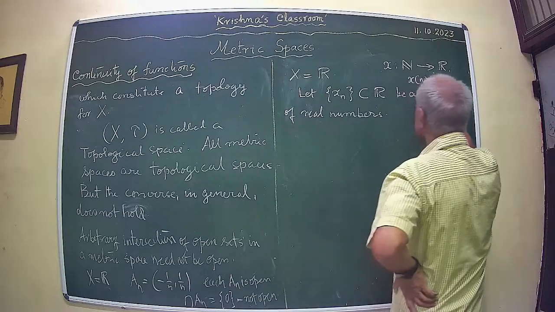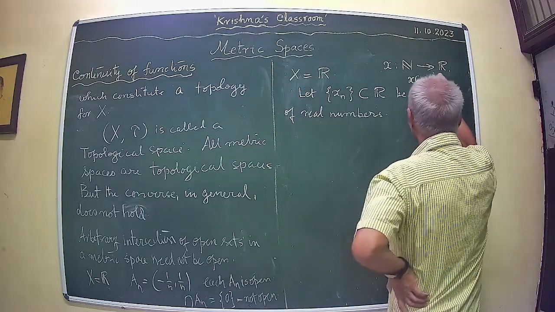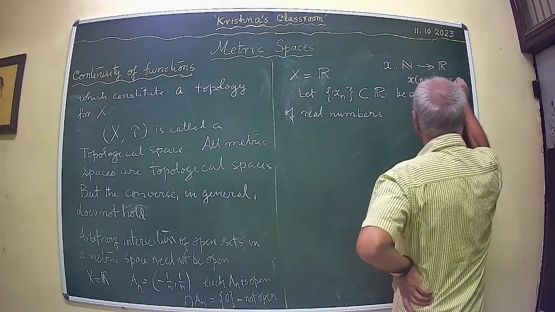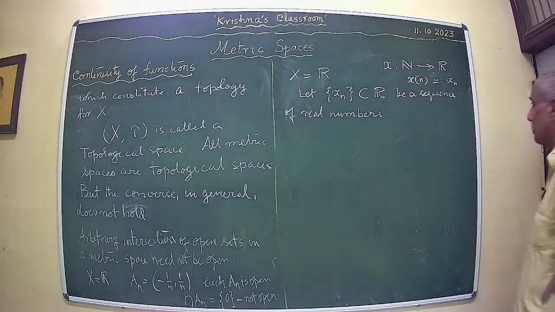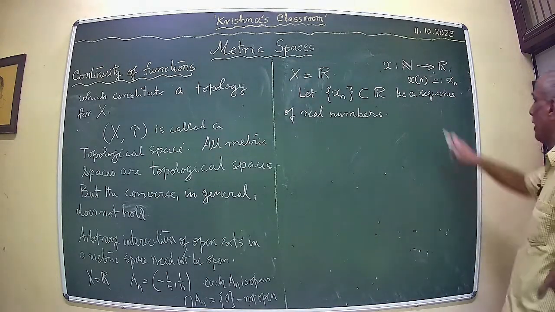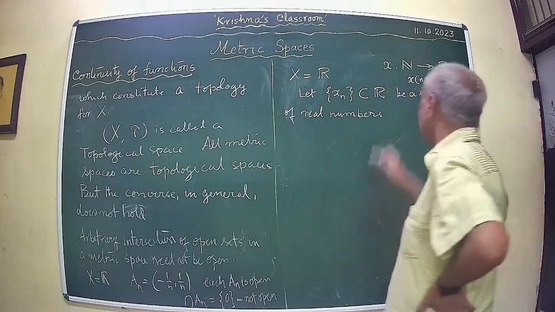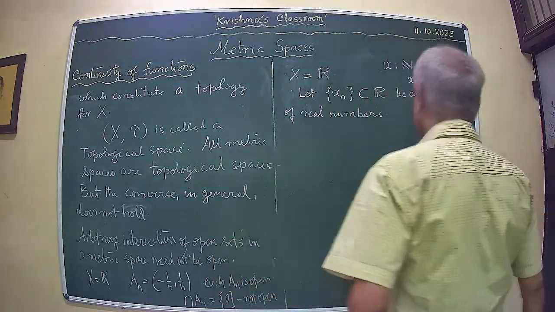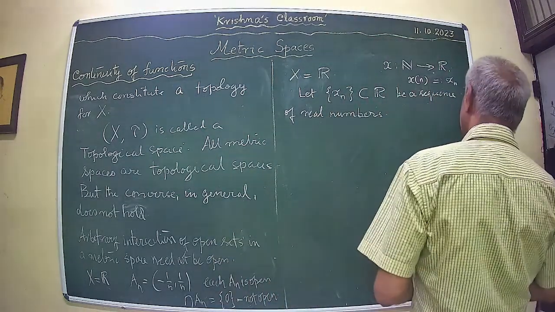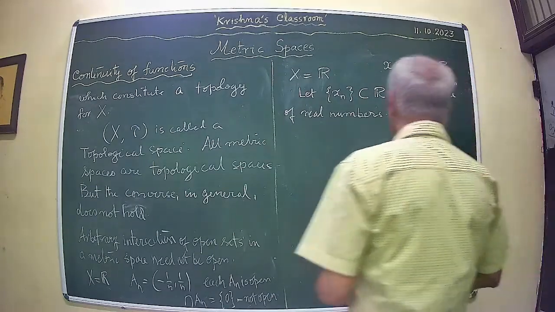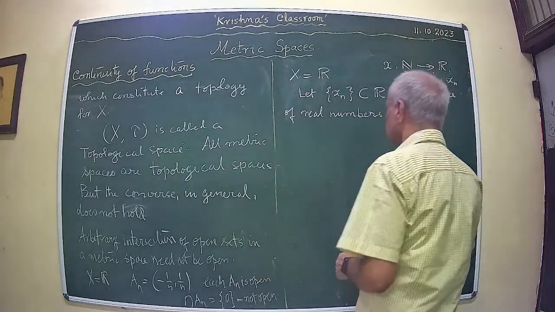The value of x at n, we designate as x_n. That is a traditional notation. It should have been strictly limits, which would have made the definition more transparent. Okay, so that's a sequence.